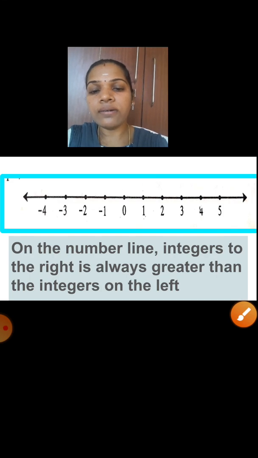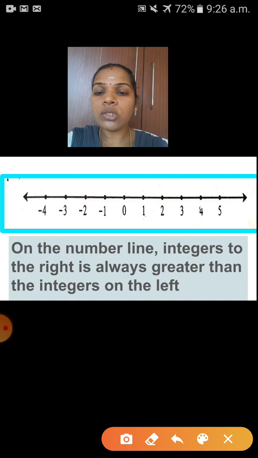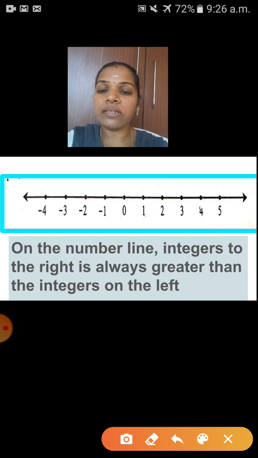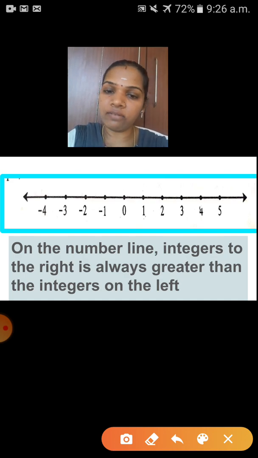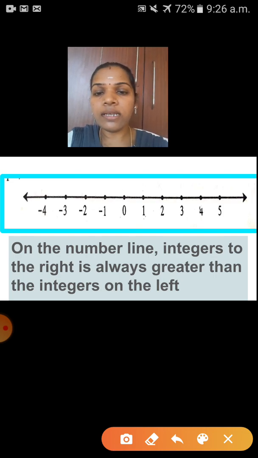Yes, children, see here. On the number line, integers to the right are always greater than the integers on the left. Once again I will read. On the number line, integers to the right are always greater than the integers on the left. See here, any two numbers you have to choose.